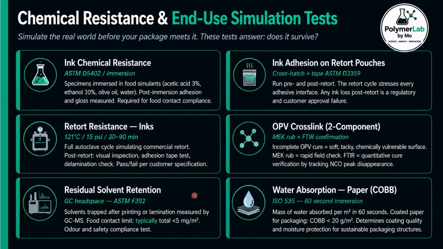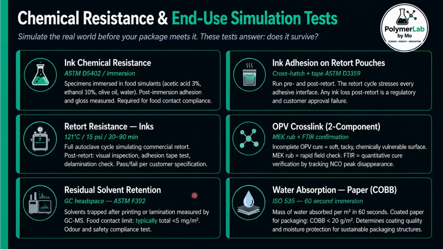Residual solvent retention. Every solvent-based ink and every lamination adhesive introduces solvent into the structure. Those solvents should evaporate completely during the drying and curing process, but some always remain, trapped in tiny quantities between the layers or adsorbed into the film.